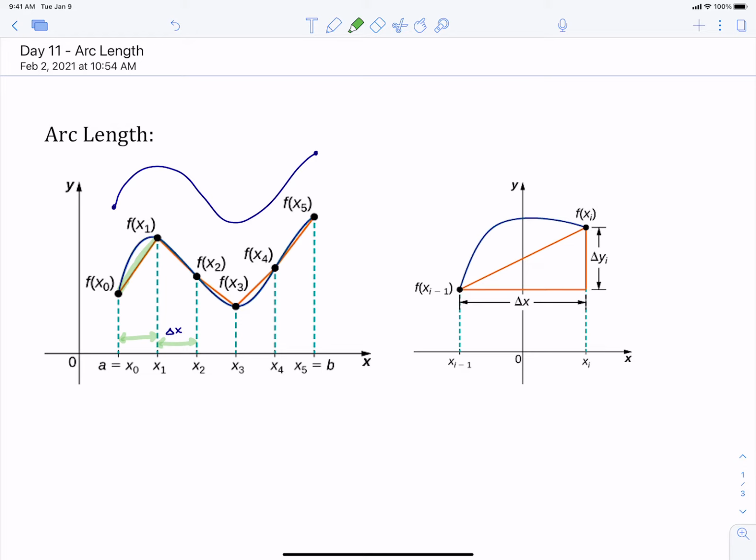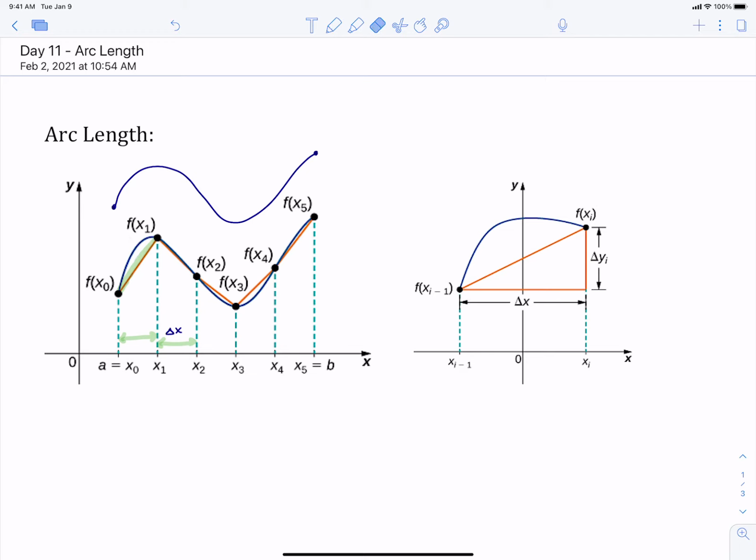We'll connect those two endpoints of our intervals with a straight line and use that distance to approximate our arc length. We'll take each of the lengths of these orange lines that we're highlighting there, and add up all of those lengths, and that'll give us an approximation to our curve.